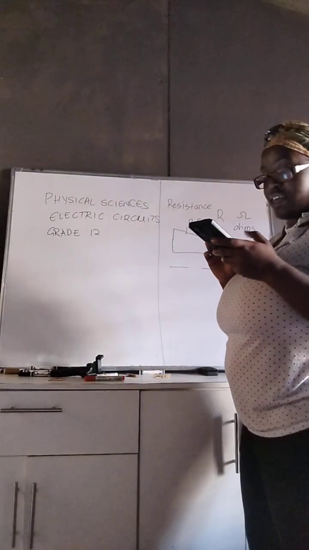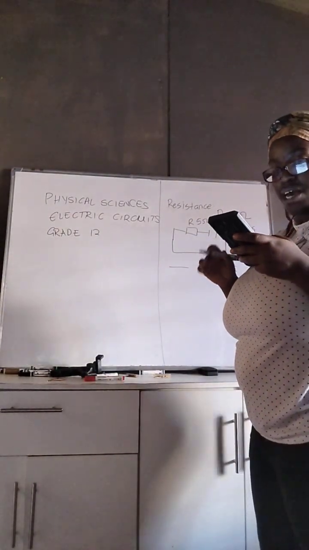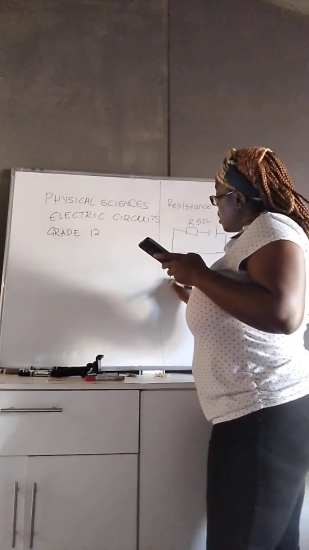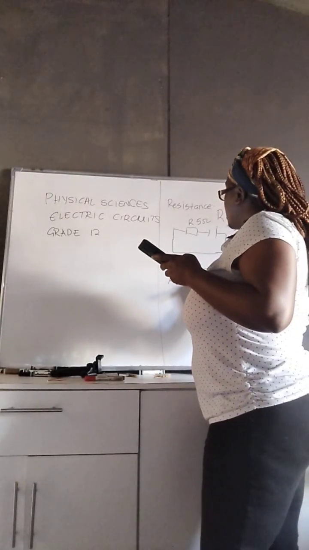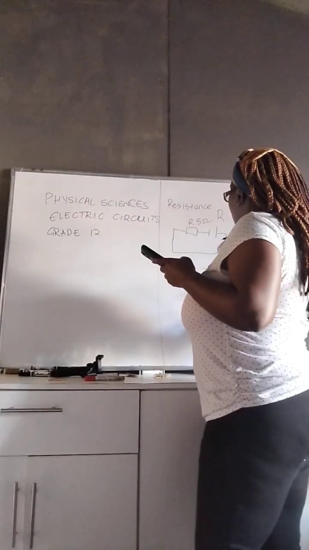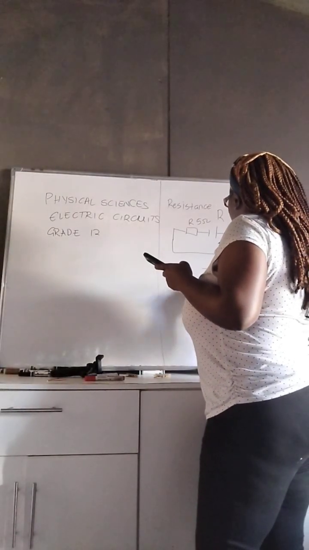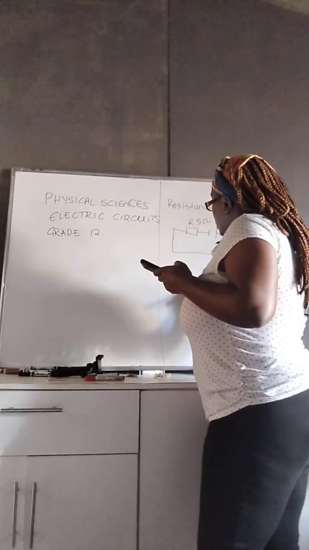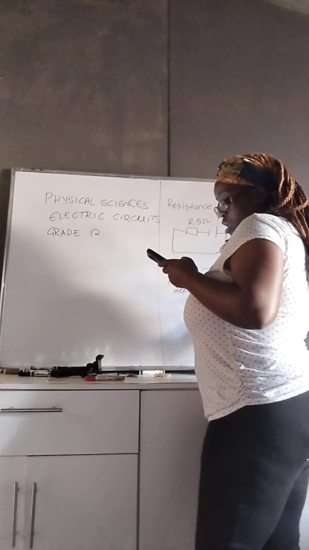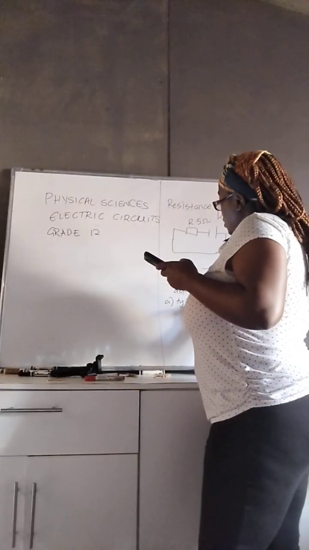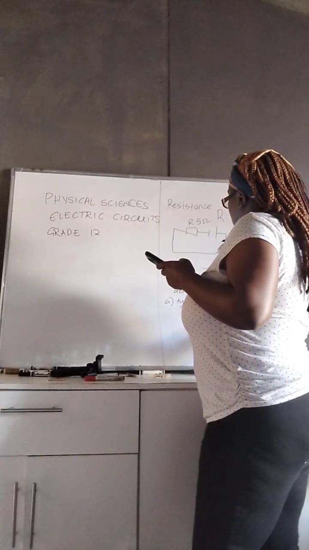The resistance of a conductor depends on the following, and these are very important. The resistance of a conductor is dependent on, number one, the type of material that will be used.